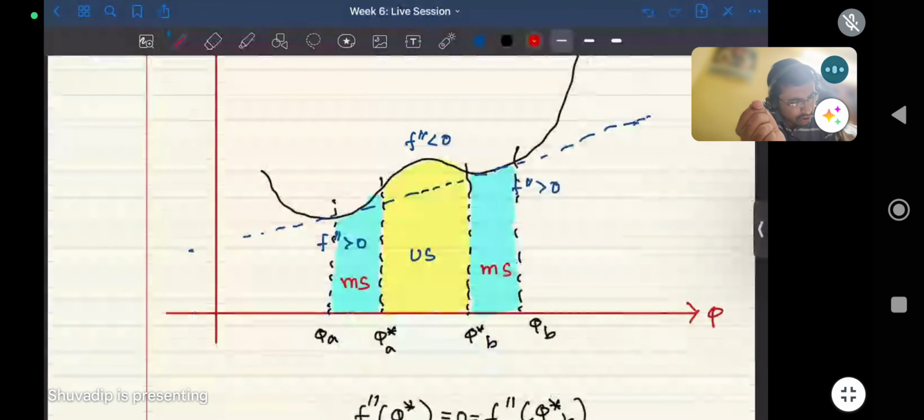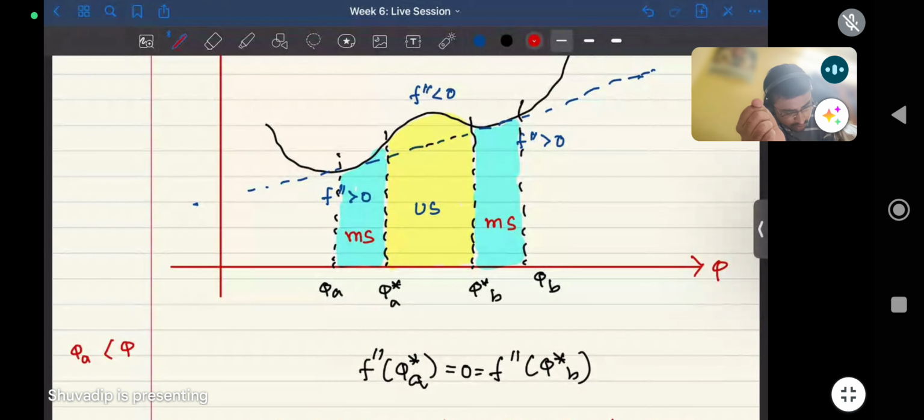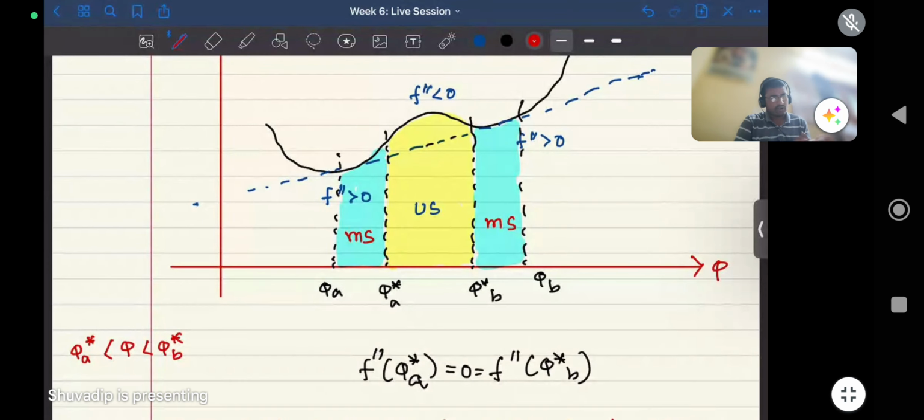So if you start with some phi which is in between phi a star and phi b star, then if you give a small disturbance to the system, it will immediately phase separate because it is in the unstable yellow marked region.